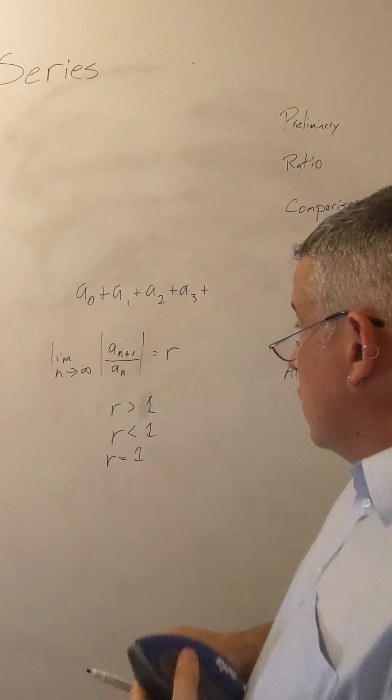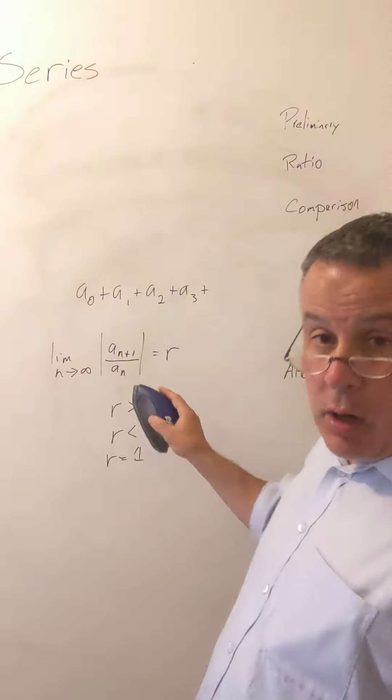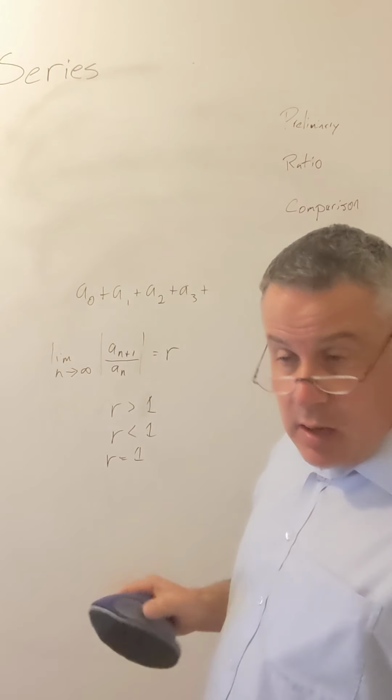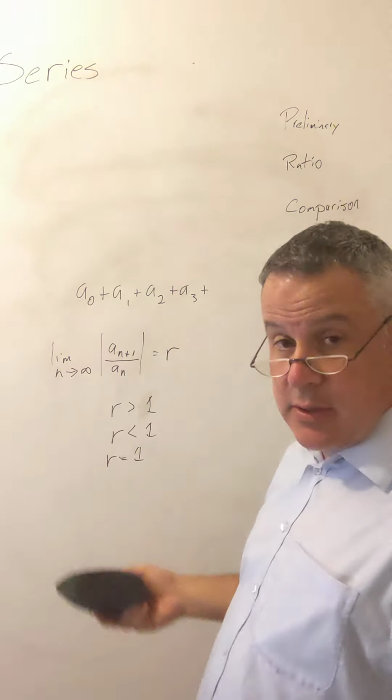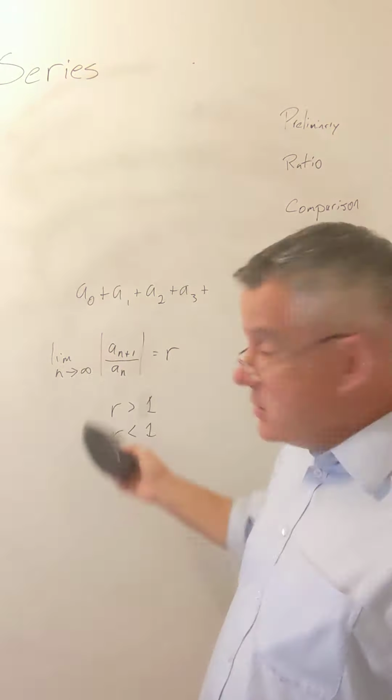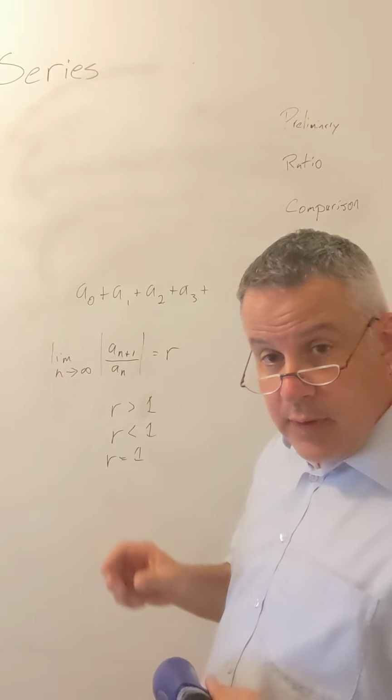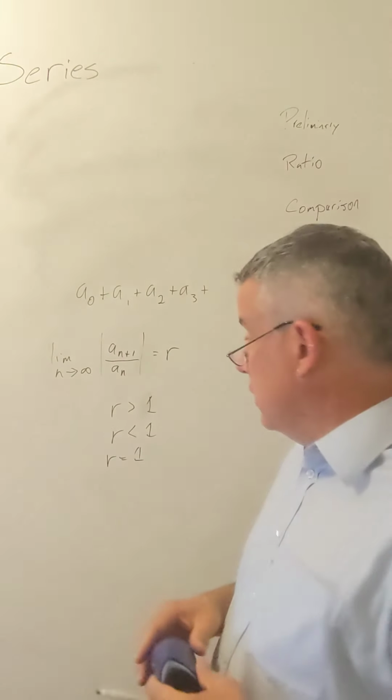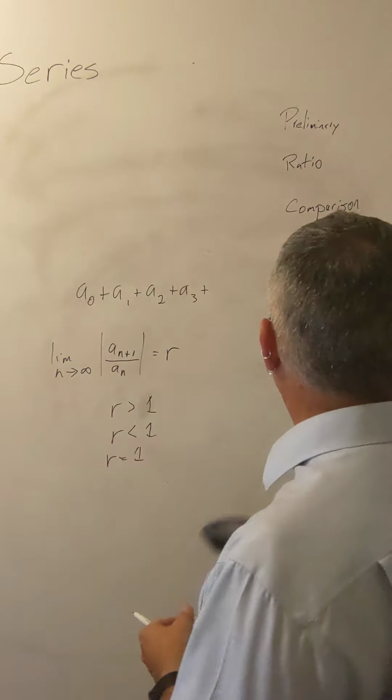So the ratio test gives us a way to find out when some series, the ones where this ratio goes to a particular limit as n gets big, if that ratio is small enough, then you can guarantee there's convergence.